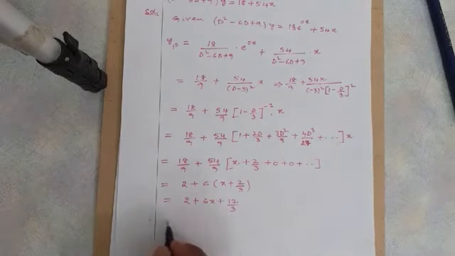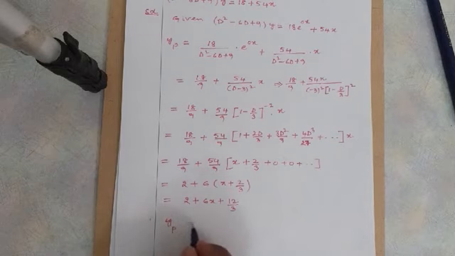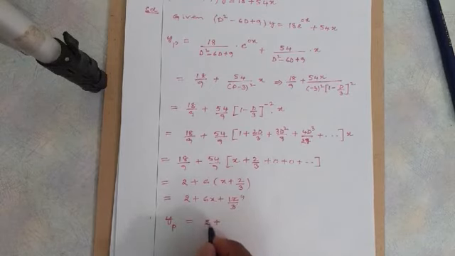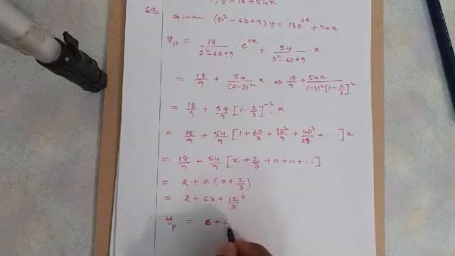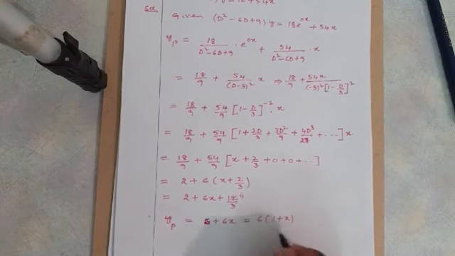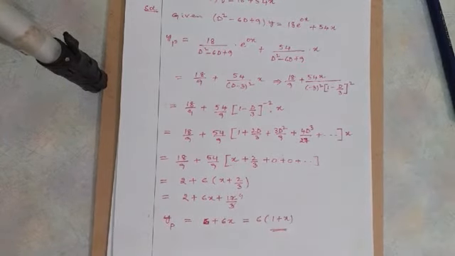So this is nothing but the particular integral yp equal to 2 plus, 3 ones are 3, fours are, so directly I am writing here 6, 2 plus 4, 6 plus 6x, that can also be written, taking 6 as common, as 6 into (1 plus x). So this is the answer for this question.